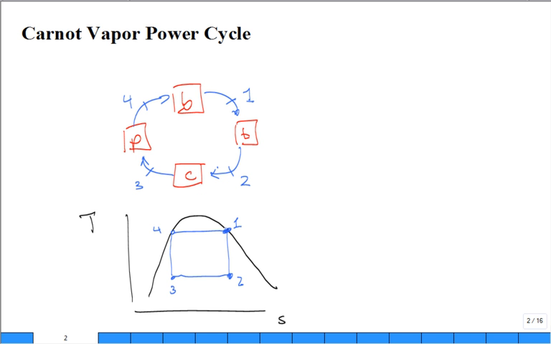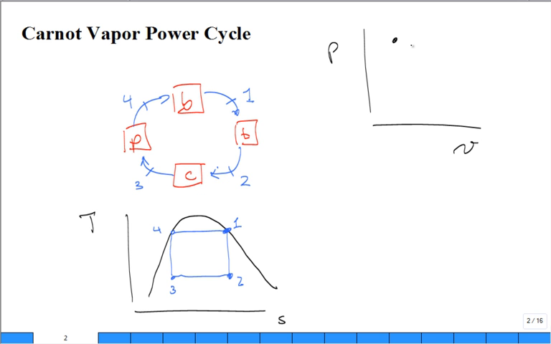Why do we like the temperature entropy diagram? Visually, it helps us visualize something special about that cycle. That's right. Why did we like the pressure volume diagram?